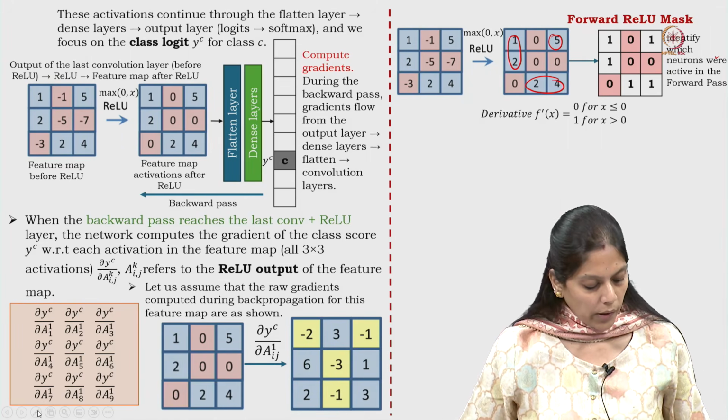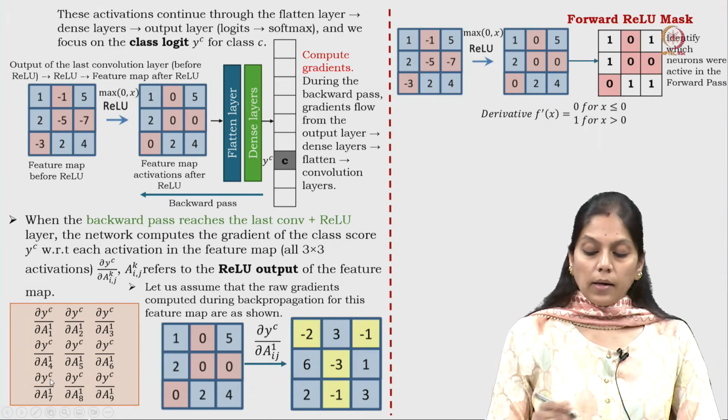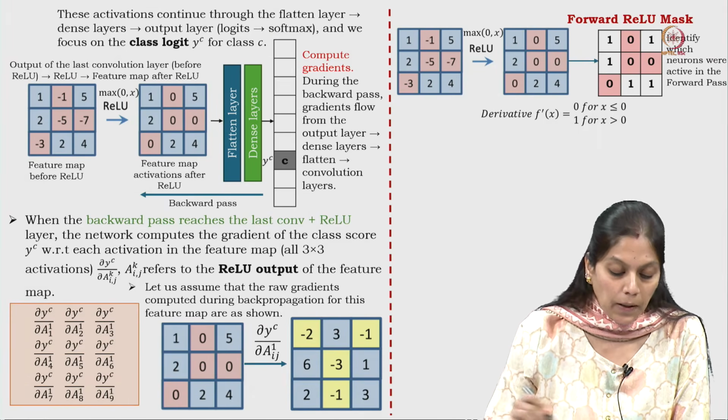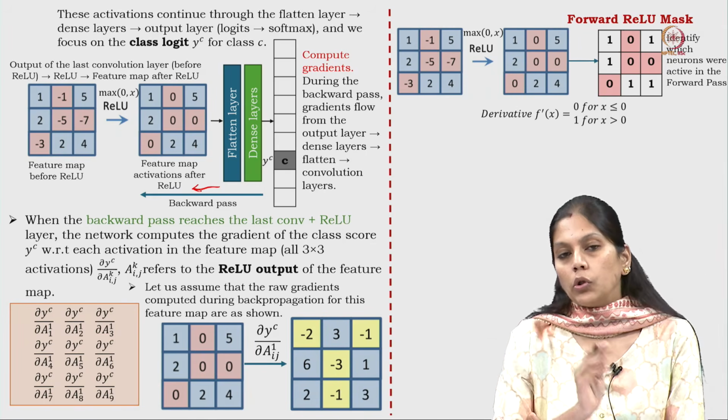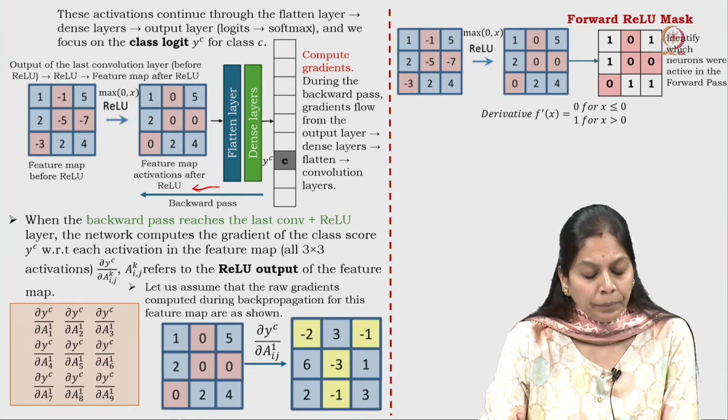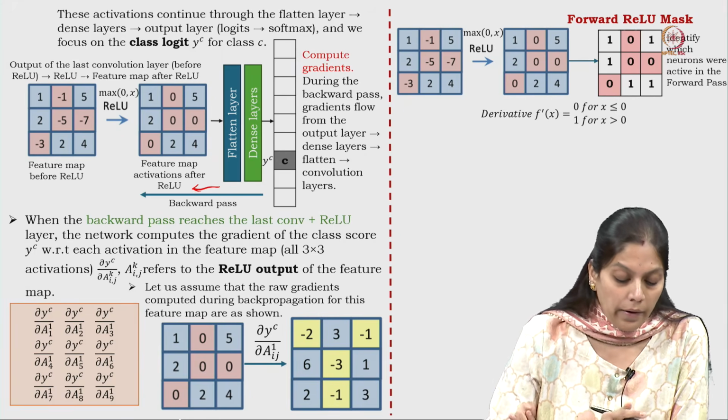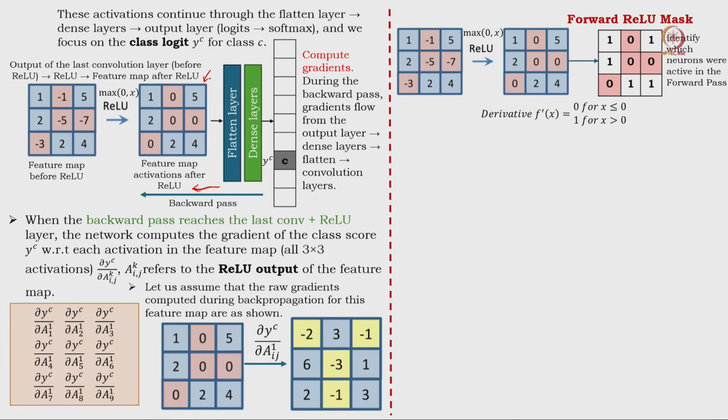Now, there is one concept here. If you observe very carefully, during a backward pass when you reach a convolutional layer, you look into this particular feature map. First, we compute the gradients, and we have obtained this gradient. When you look closely, there is a ReLU here.